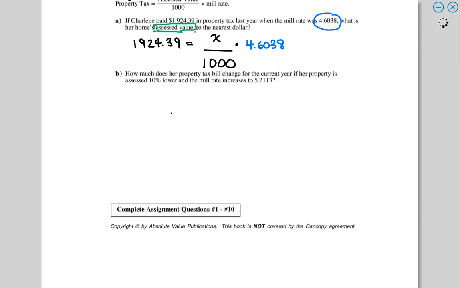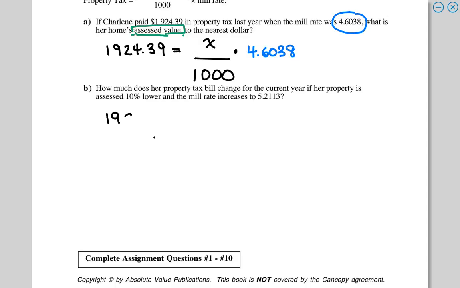Okay, so we're back from some technical difficulties, and we are finishing off part A here. What I need to do is simplify the right-hand side. I'm going to take that 4.6038 and divide it by 1,000, and I get 0.004638 multiplied by x.